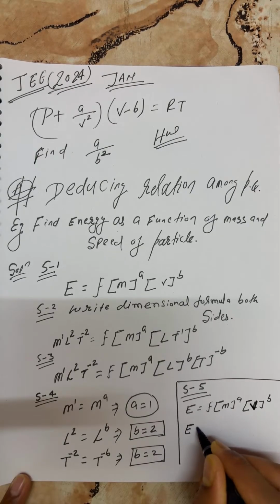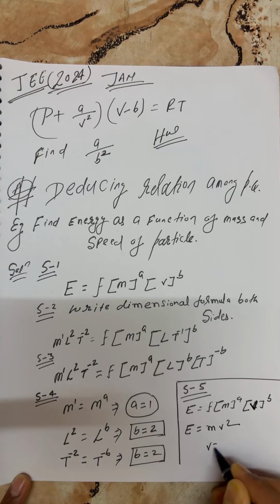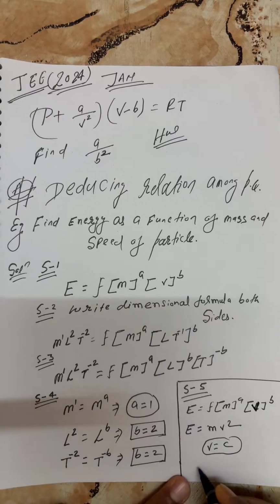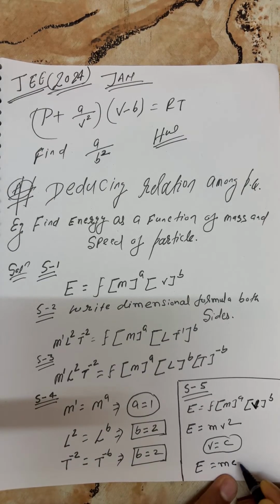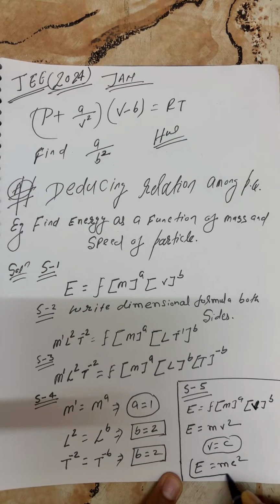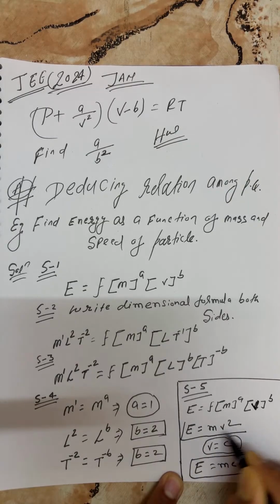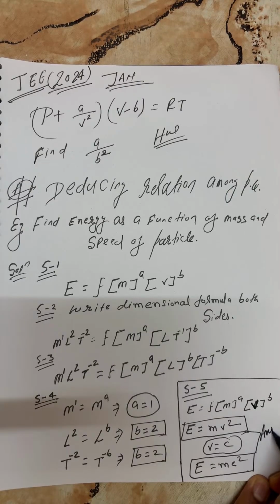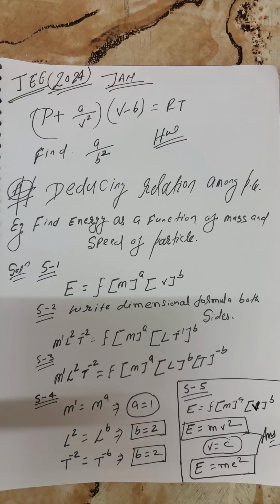So finally, you can say E is equal to mv square. If you write V is equal to C, Einstein's mass relation, you can say E is equal to mc square. This is your answer to this question here, right?